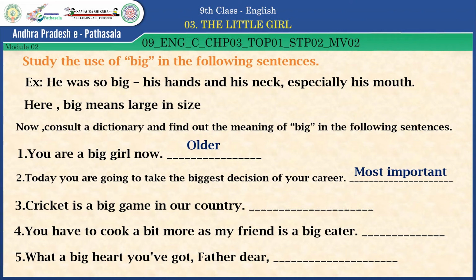The third one, cricket is a big game in our country, means great. Fourth one, you have to cook a bit more as my friend is a big eater, means great. What a big heart you have got, father dear. That means very affectionate.